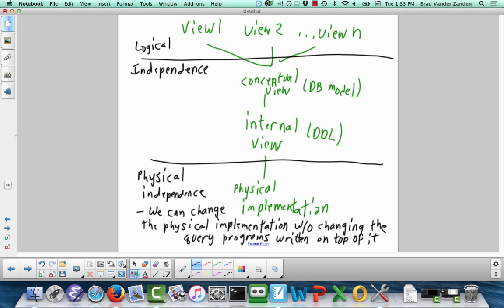Okay, so logical independence means views should not change when entities change, unless the view is directly affected.